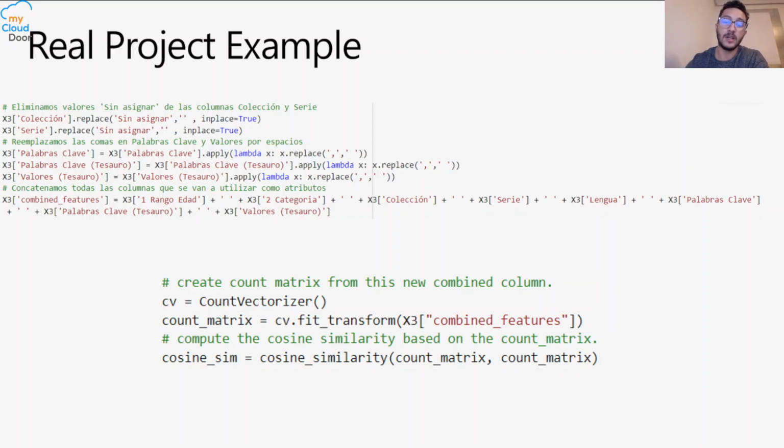So in this recommendation system, the content of the book, or the variables we are using, will be the age range, the category, the collection, the series, the languages of the books, and the keywords. Let's think about the keywords as tags.